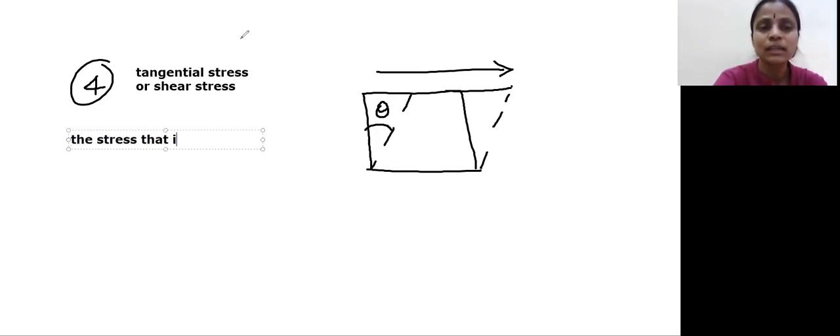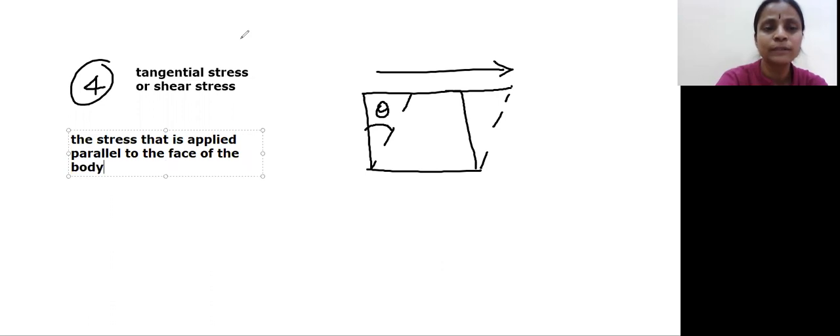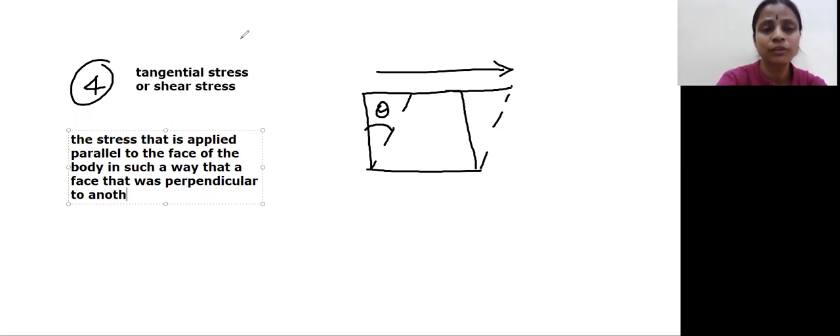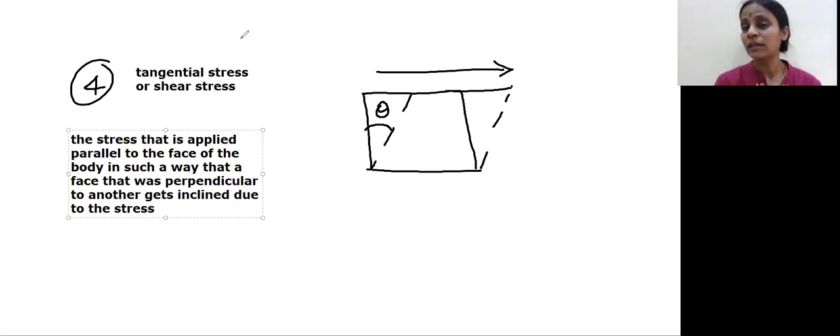The stress that is applied parallel to the face of the body, in such a way that a face that was perpendicular to another gets inclined due to the stress. That's what we call a tangential stress.